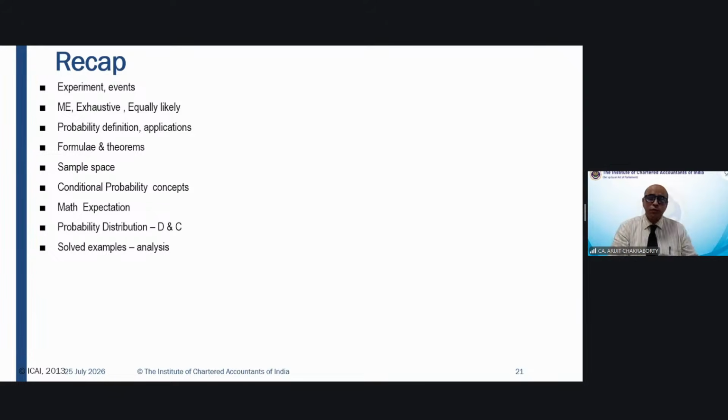And for the continuous probability distribution, we have something called the probability density function, and the example of this is normal distribution. These 3 distributions, which we have discussed in brief and outlined for you, will be the entire foundation on which chapter 16 on probability distribution is built upon.